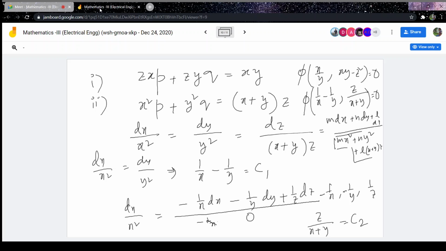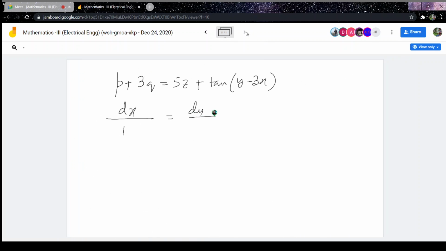Okay, so the Lagrange subsidiary equation will be dx by 1, dy by 3, dz by 5z plus 10y minus 3x. I am giving you types of problems so that all of the types will be solved by any one of them.